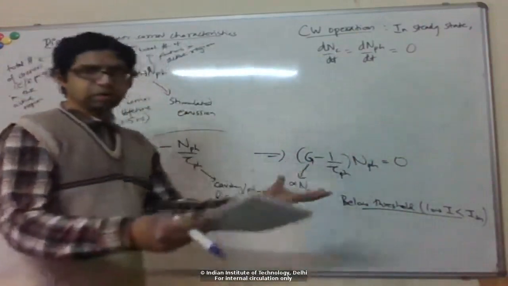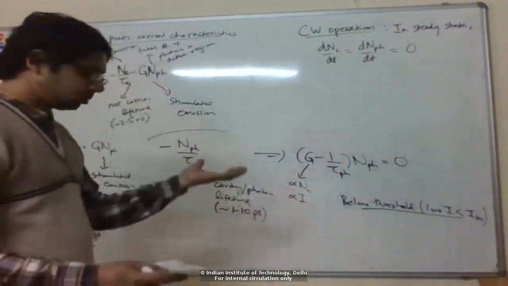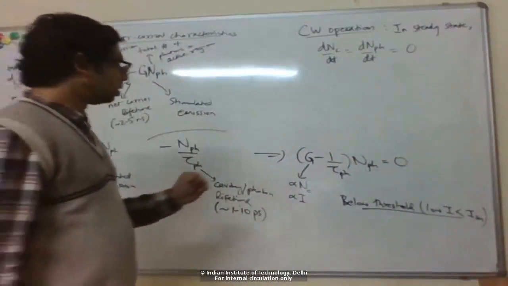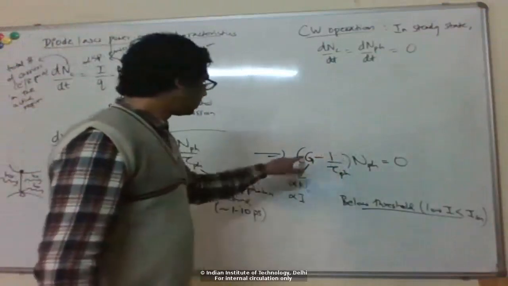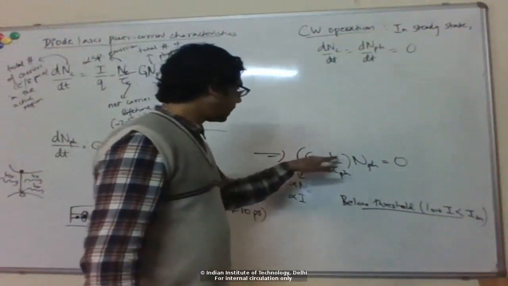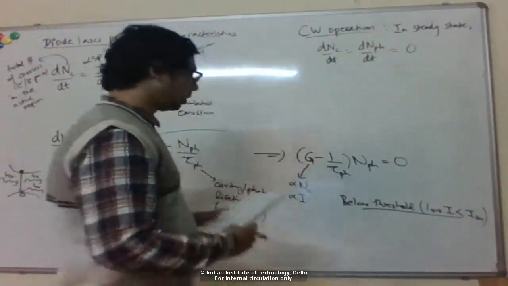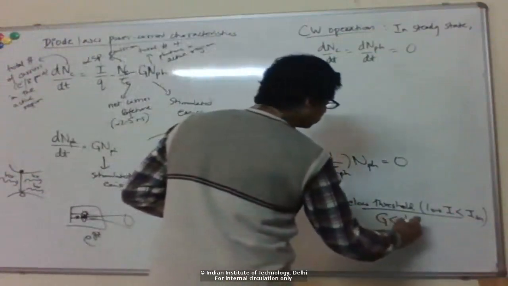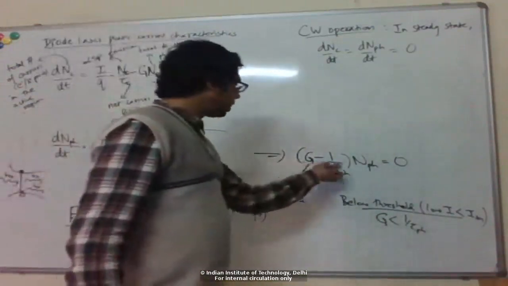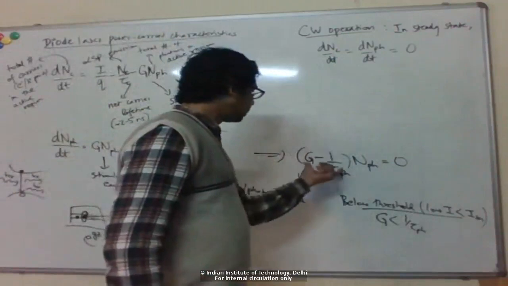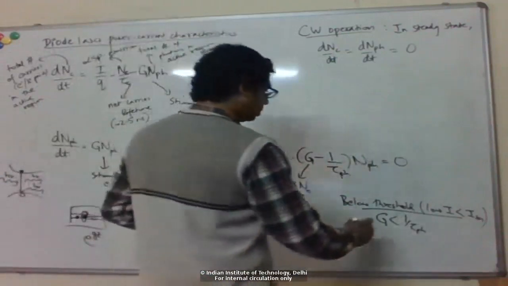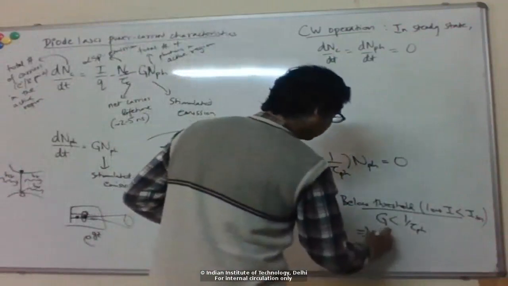Tau photon depends on the fundamental quantities of my laser cavity. This G depends on the current. So for low current, this G is less than 1 over tau photon. The point is it's not equal, so this number is not 0. So the only way for this product to be 0 is if the number of photons is 0.